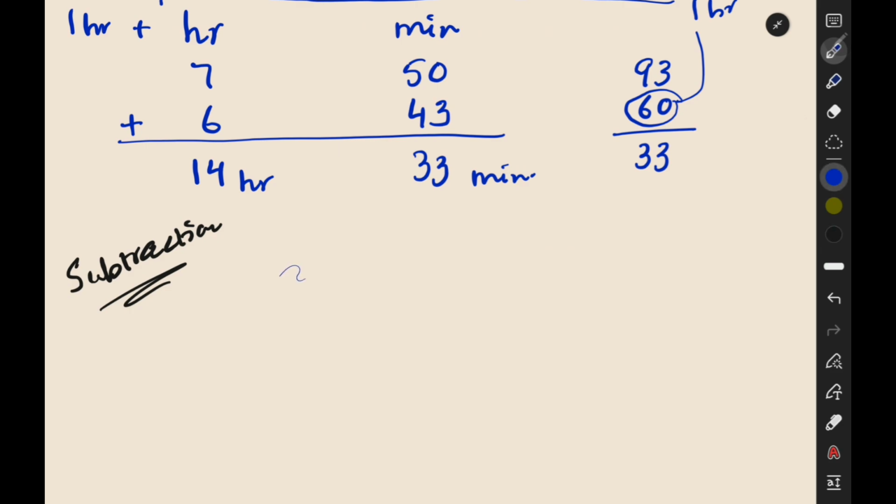First we have an example for it. 5 hours minus 2 hours. It is also very simple. When we subtract, first see the units are the same, that is hour and hour, so we simply subtract the numbers. 5 minus 2 gives 3. 3 hours is the answer.